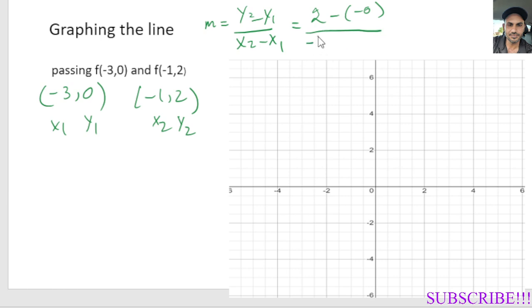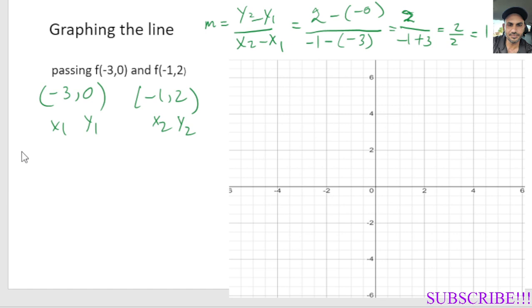And x2 is -1 minus x1 is -3. So we have 2 minus 0 is just 2. And in the denominator we have -1, and negative times negative is plus 3, so it's 2 over 2, which is equal to 1. So the slope is 1, m equals 1.